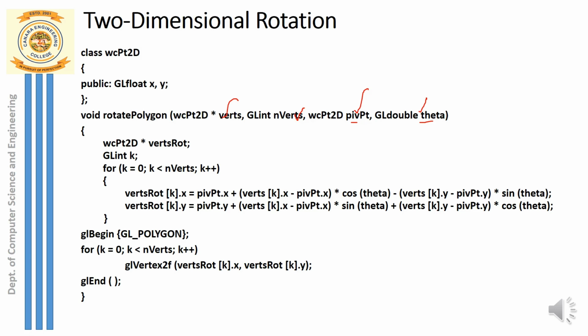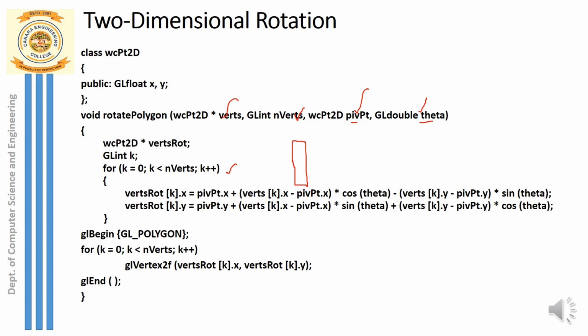And now here, if you are rotating an object, say a polygon, and that rotation is happening over the object about an angle theta, and by taking a reference point or pivot point, you need to compute the new set of vertices.